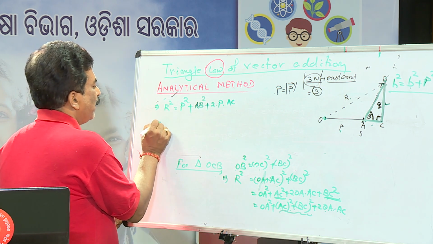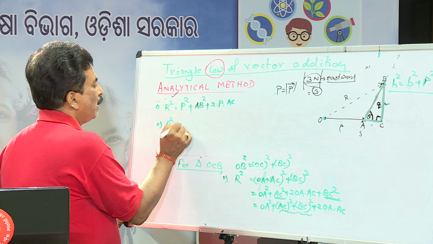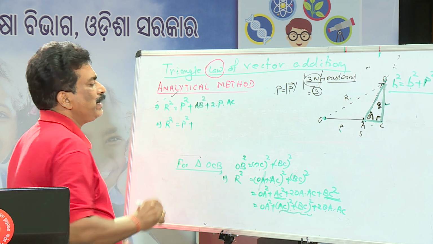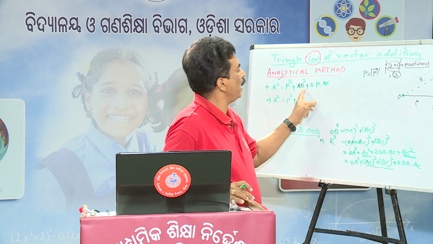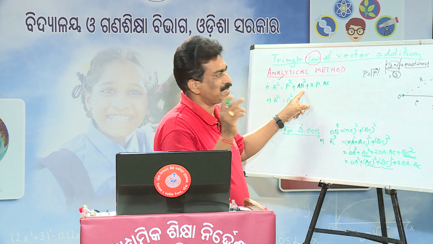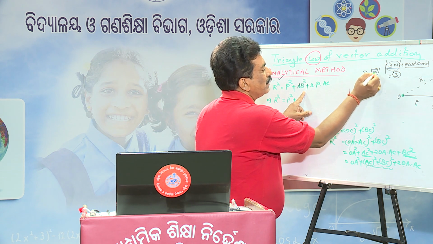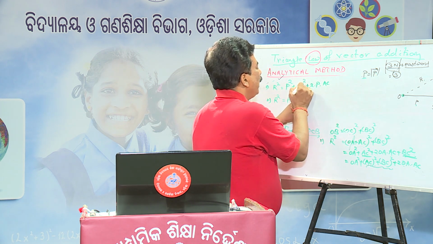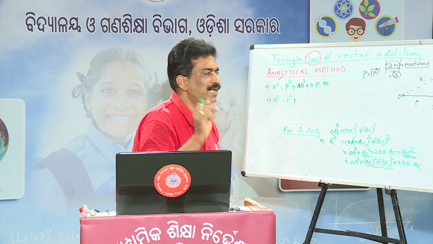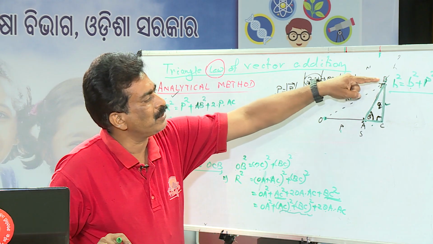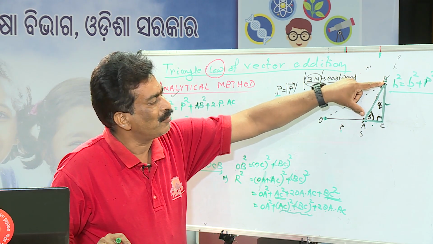So this implies R square is equal to P square plus AB. AB means only magnitude. As I said, only P means it is the magnitude of the P vector. AB means it is the magnitude of the AB vector. From A to B, if it is the AB vector, what is the magnitude?